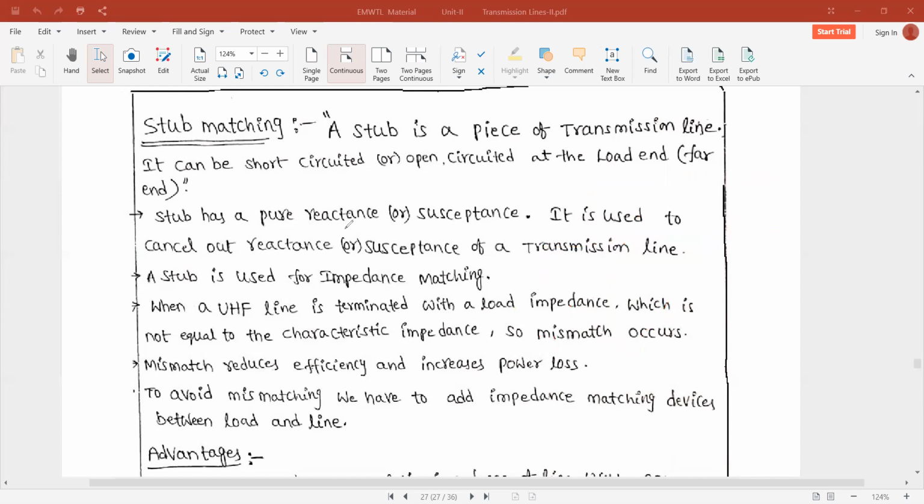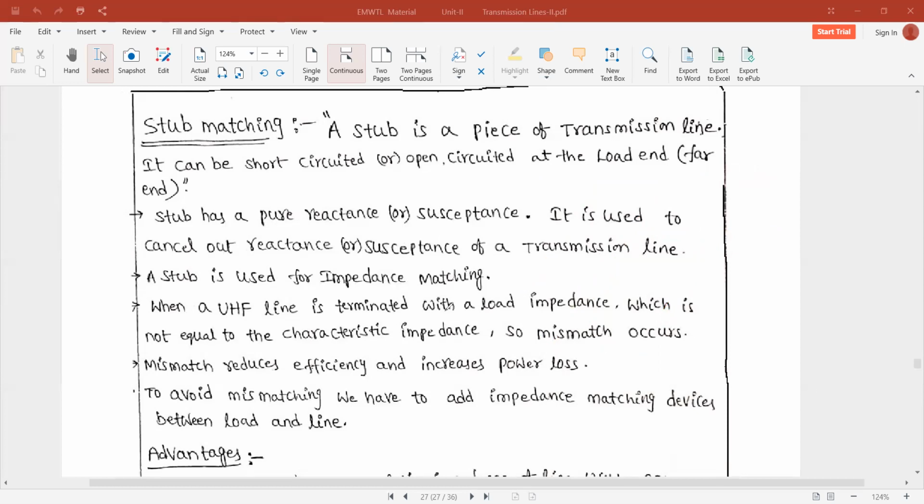A stub has a pure reactance or susceptance. It is used to cancel out the reactance and susceptance of a transmission line. A stub is used for impedance matching. In the last class, we already saw that lambda by 4 is used for impedance matching.